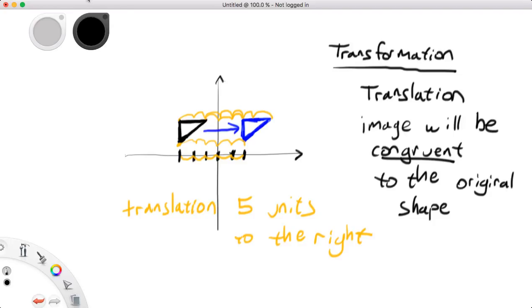And it means that every single point has moved over 5 units. This point has moved over 1, 2, 3, 4, 5. This point has moved over 1, 2, 3, 4, 5. And this point here has moved over 5 units: 1, 2, 3, 4, 5. Each of those points has moved to the right 5.